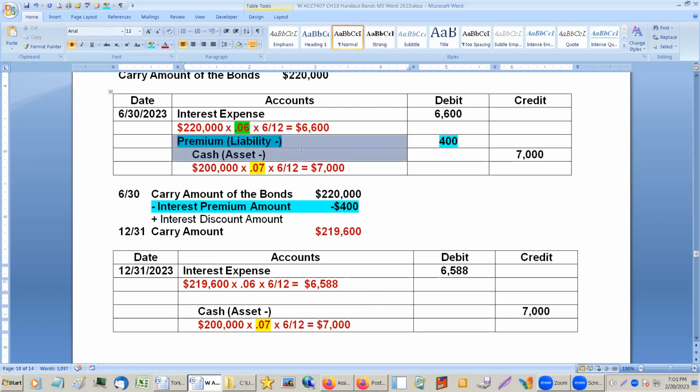And the difference will go into that premium liability. It'll reduce that premium liability by, what's the difference there? 412.